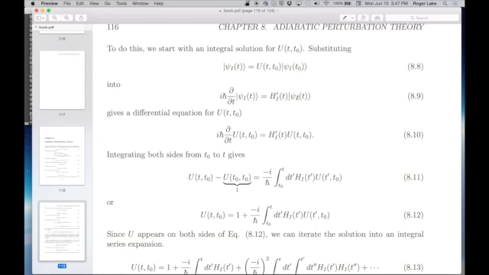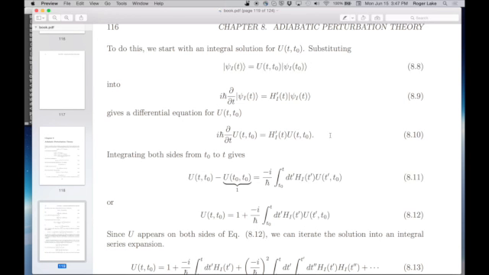Just on both sides of the equation, replace psi I with this thing. So the only time dependence is right here, U(t,t0). And so that gives you an equation of motion for U(t,t0).